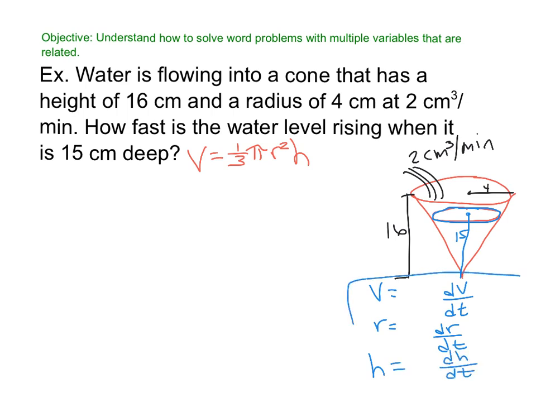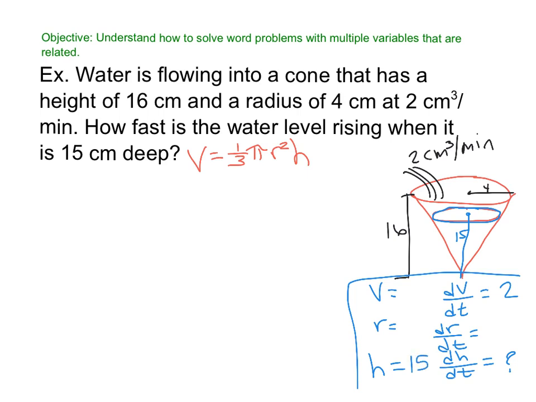All right, let's see what they gave us. So they gave me dV dt, which is 2, right? What do they want to know? How fast is the water level rising? So that's dH dt when it is 15 centimeters deep.